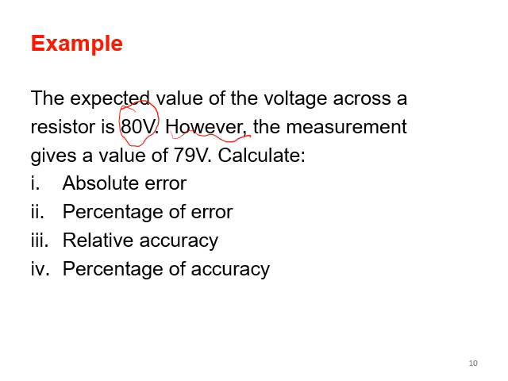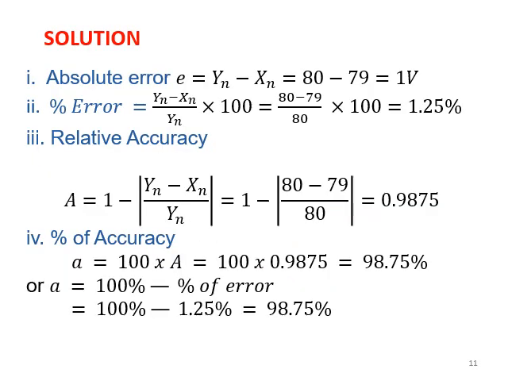However, the measurement gives a value of 79. So we are expecting 80, but we are getting 79. What is the absolute error, percentage of error, relative accuracy and percentage of accuracy? Absolute error, by definition, is 80 minus 79, which equals 1 volt.